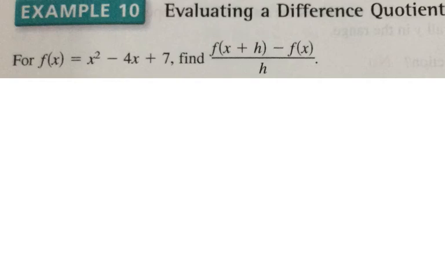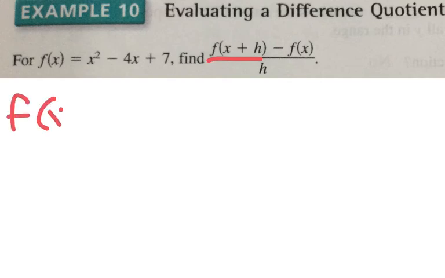Prepare to be amazed. So the first thing we need to find is f of x plus h. So how do I find f of x plus h? Everywhere there used to be an x, I'm now plugging in x plus h, just like we did before. Right? So let's do that.